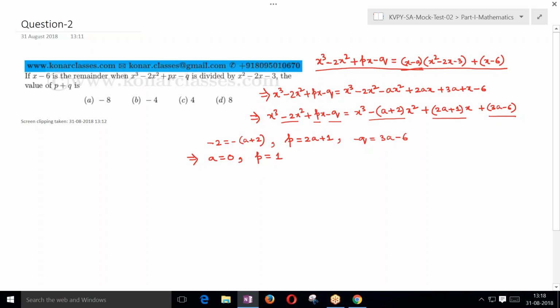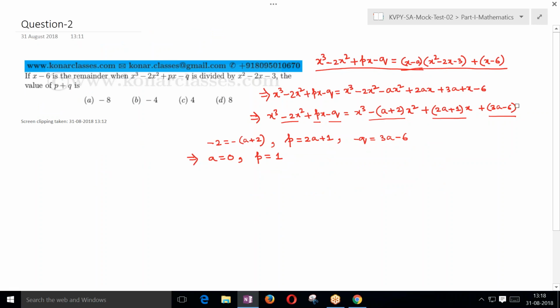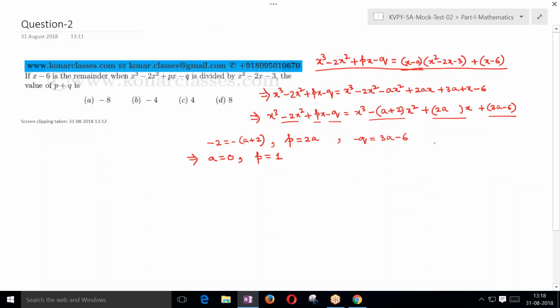The coefficient of x in the right hand side is 2a, and here it is minus 2, so it will be 2a minus 2. P is equal to 2a minus 2. Rest is fine.